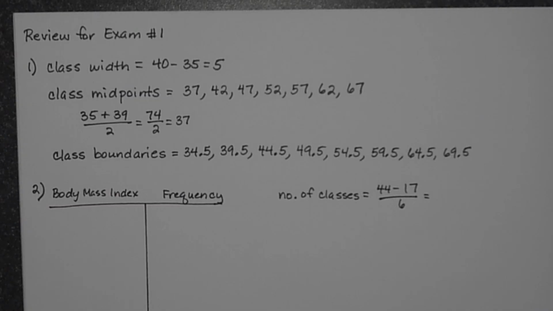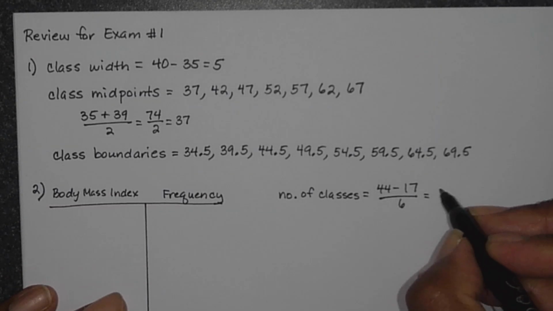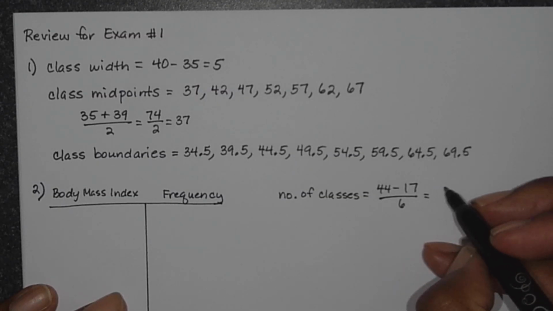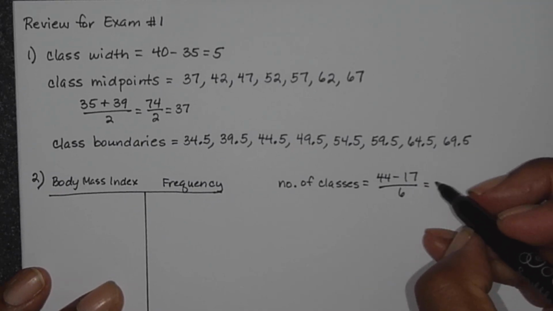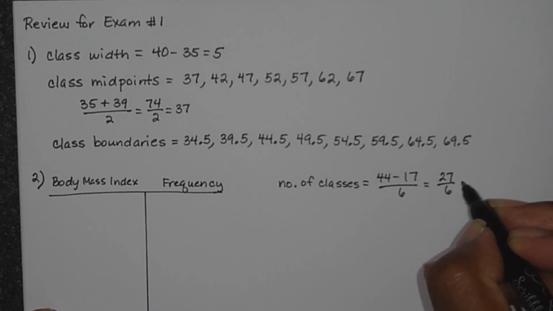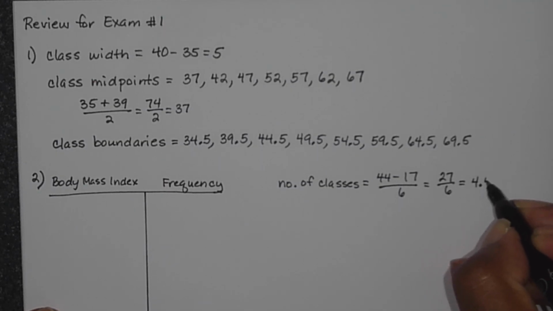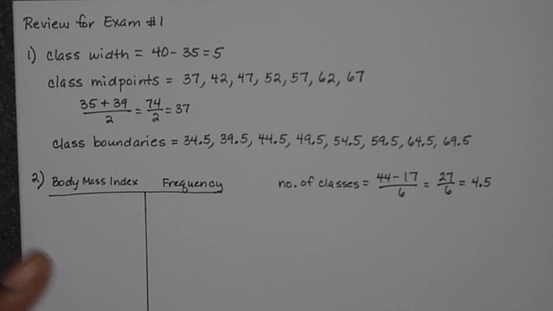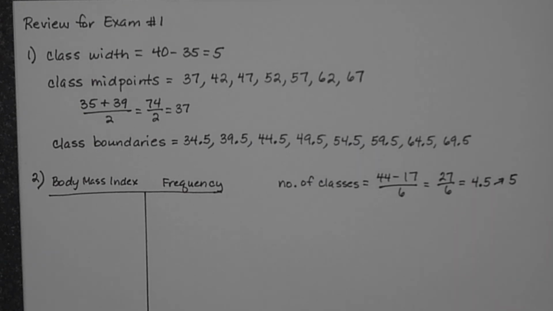So now what's 44 minus 17? 27, and now 27 divided by 6 will give us 4.5. Now we always round up to the next larger number, so 4.5 will round up to 5. So that means we're going to have 5 classes to begin with.